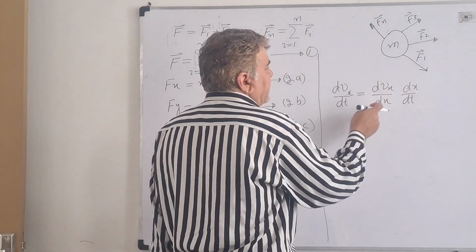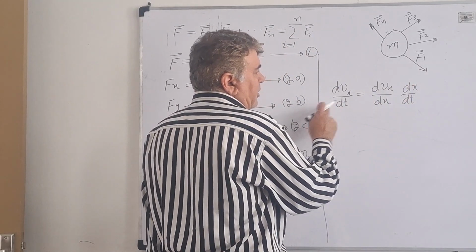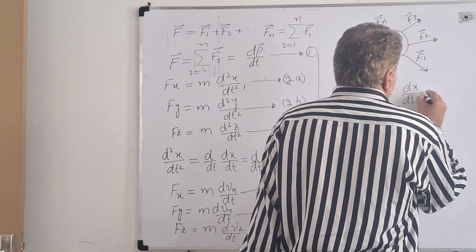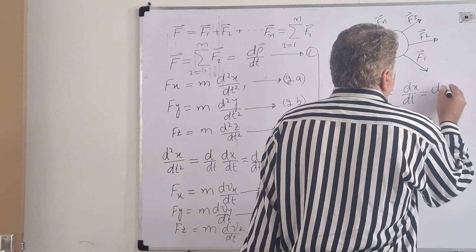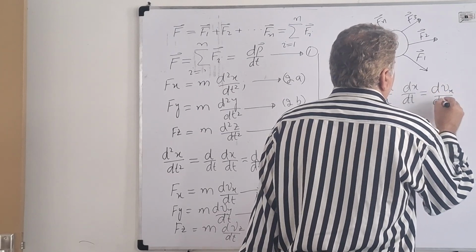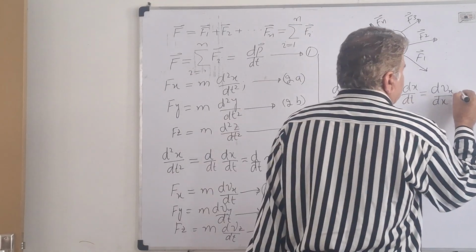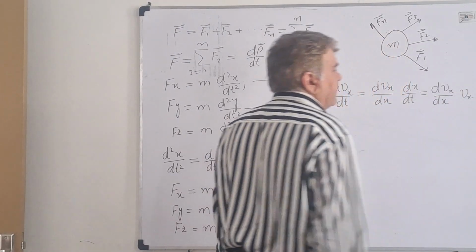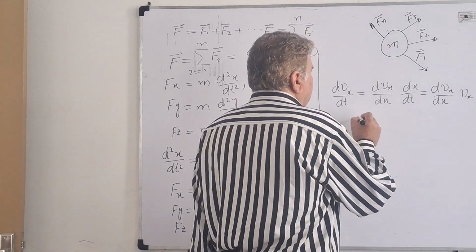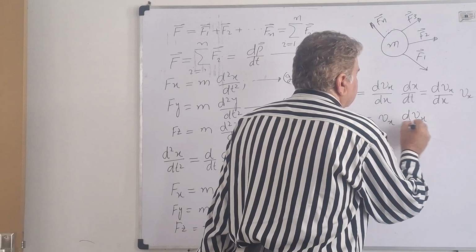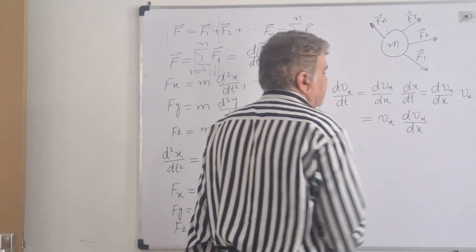Remember, I can cancel dx with dx to get back to this form. And dx over dt is the velocity along the x-axis, so I write it as vx. In other words, I can write this as vx dvx over dx.